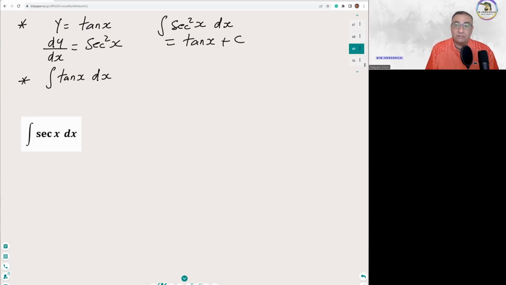There is none. So what to do? In this kind of case, we need to apply some algebraic manipulation to rewrite the function in a certain way, or multiply by a certain function, and then use the rules of integration, right?